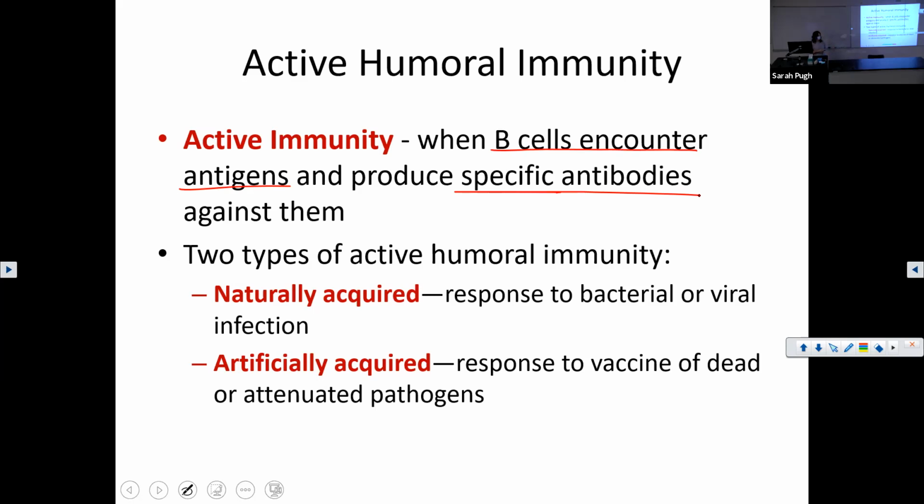The other one is artificially acquired. Artificially acquired immunity still activates your immune system, but this would be an example of a vaccine. When you get a vaccine, you are getting a live, dead, or attenuated virus. So it's a virus that is either completely dead, and all it is is a dead viral capsid that they inject into you, and it floats around in your humors.